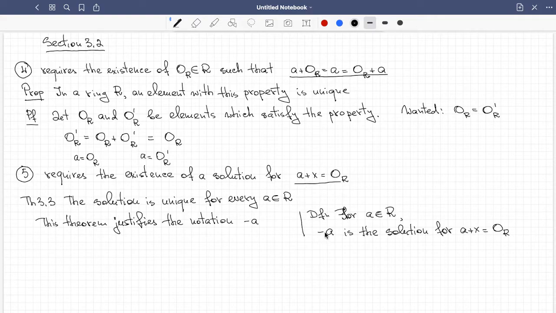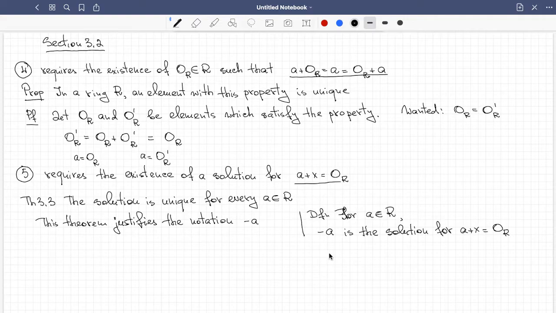It could happen that the same label negative A was tagged to several distinct elements. That is a severe abuse of notation and may lead to serious errors. Now, after we know the solution is unique, we may introduce this definition for negative A as a solution.